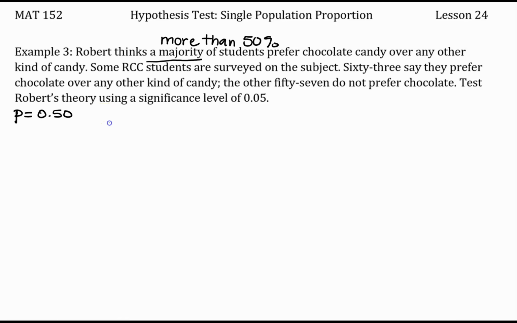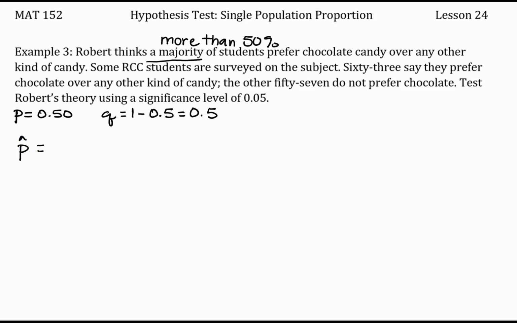If P is equal to 0.5, then Q is equal to 1 minus 0.5, which is equal to 0.5. So we have P and Q. We are not explicitly given P hat. We are not given what our sample proportion is, but we can calculate it. We are given that X is equal to 63.